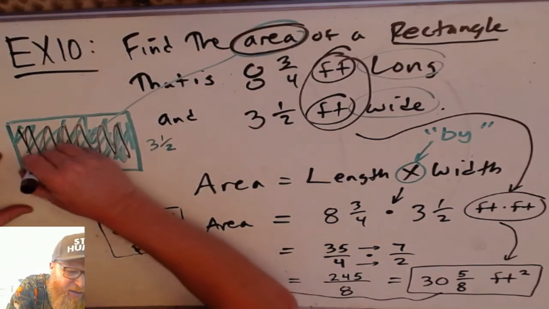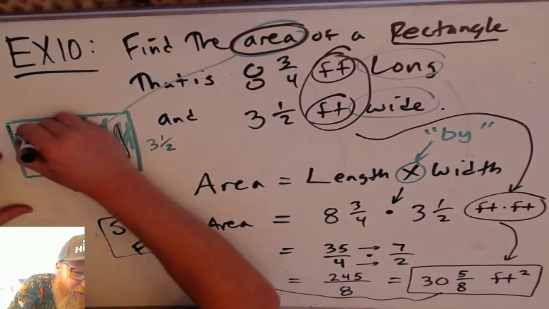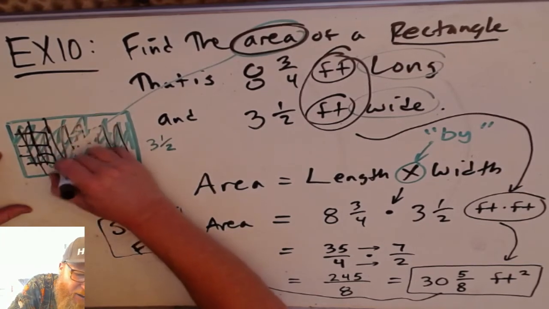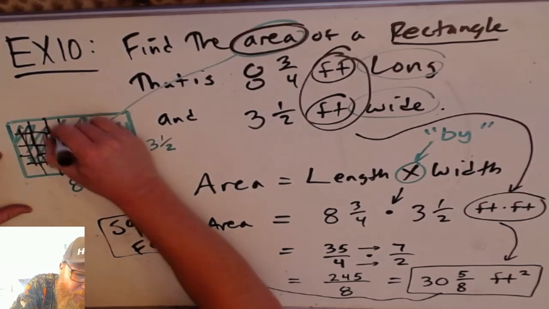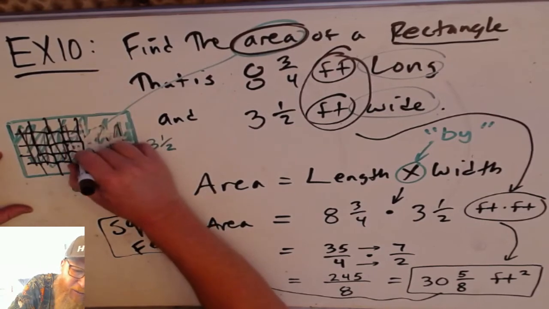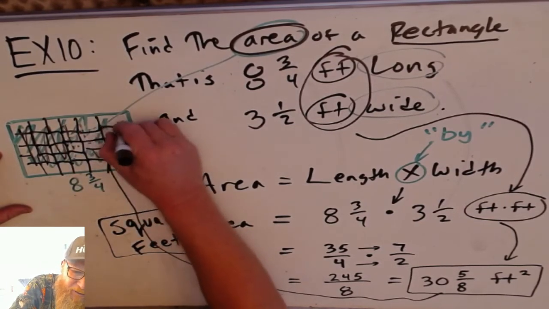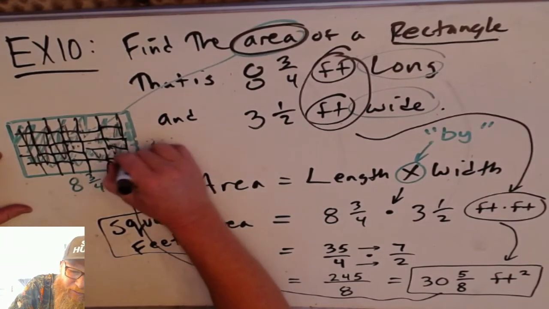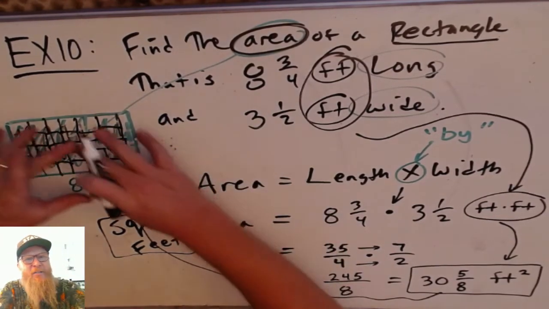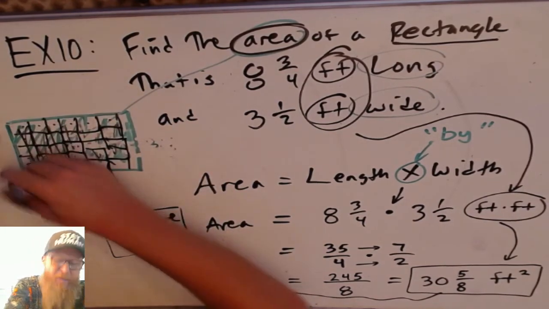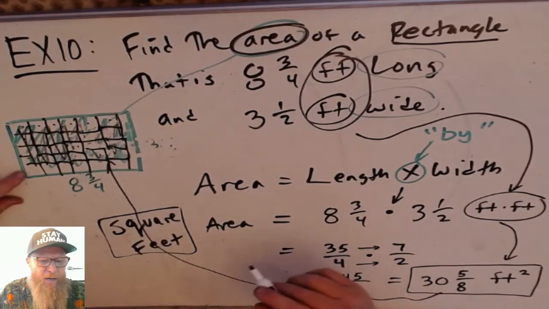It's as if the inside of the room were covered with these little squares. I'm not really going to do 35 little squares, but whatever. It's not 35, but it's close.